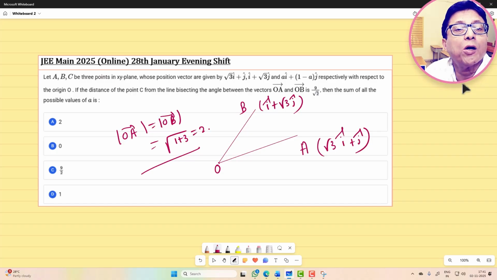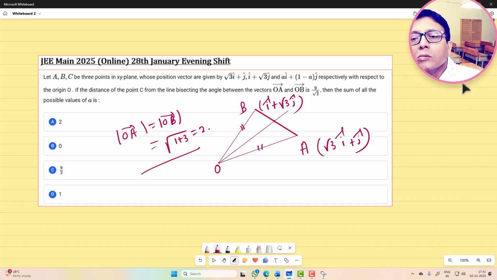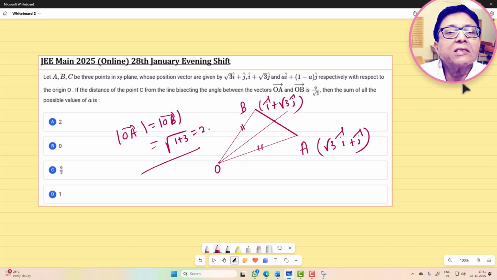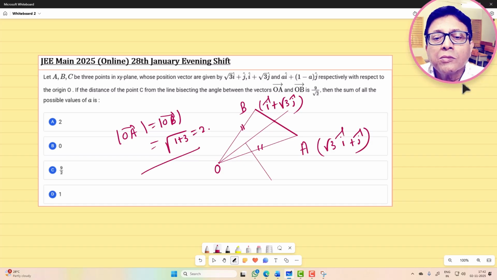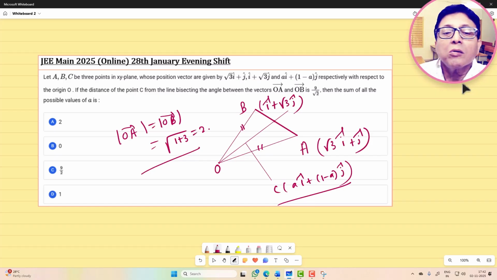Distance of C from the line bisecting the angle, they are equal. Now this one they have stated, origin.